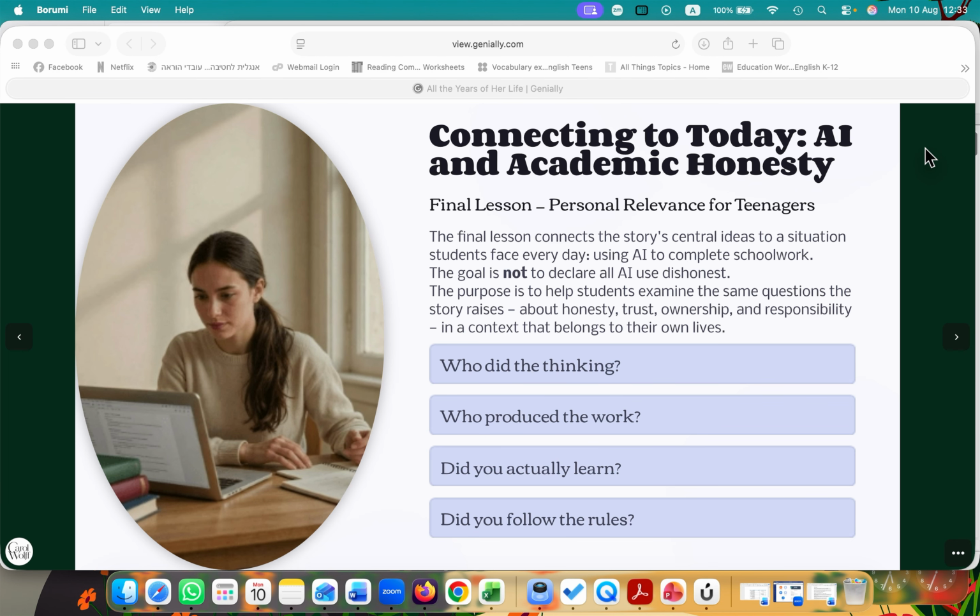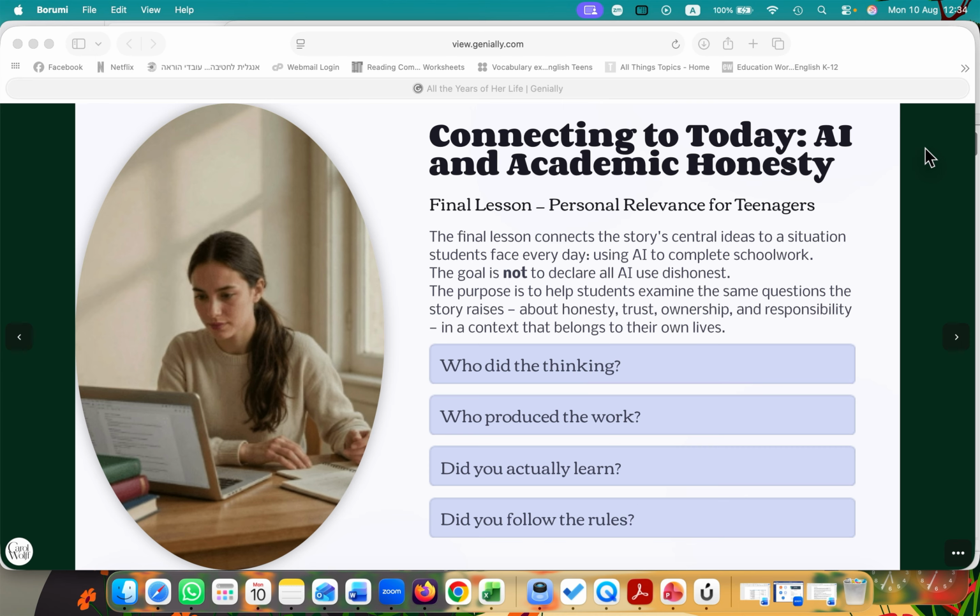This final lesson is where we connect everything you've built to a situation students are increasingly facing nowadays. Using AI for schoolwork. Be very clear up front. The goal isn't to declare all AI use dishonest, but to bring the same questions the story raises: honesty, trust, ownership, responsibility into a context that's part of their own lives.